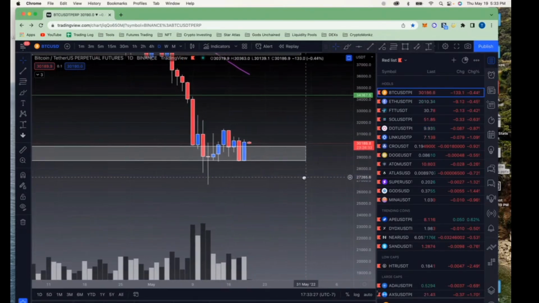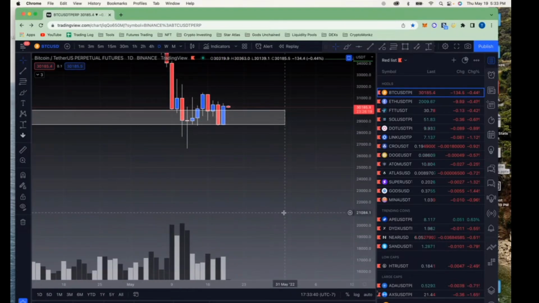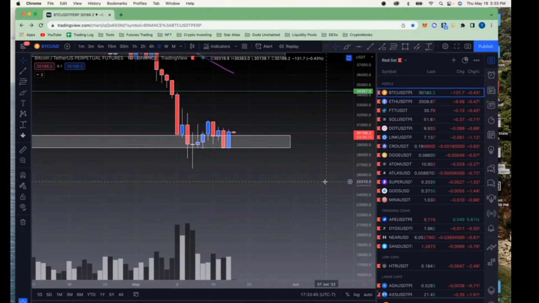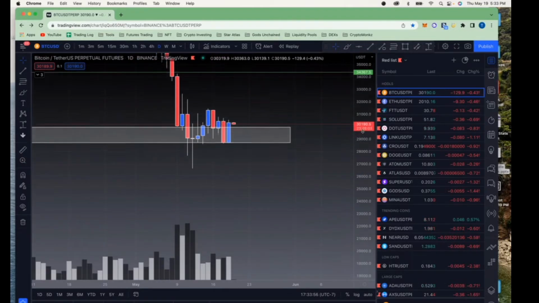Not financial advice, but in my opinion we could bounce around here for a bit, then get that capitulation event, and the market could tank. Or if we have some sort of general bullish market news, we could use that as a catalyst moving forward. But let's just say it doesn't look that great right now.